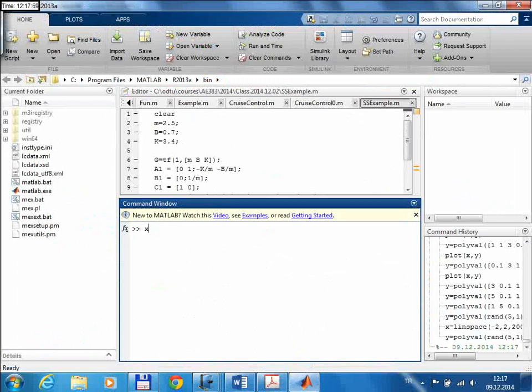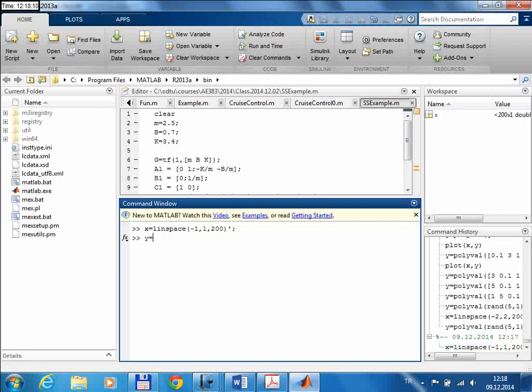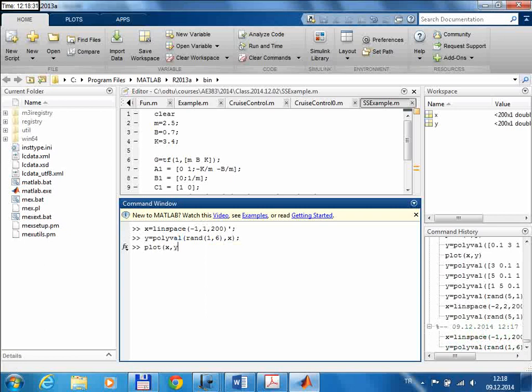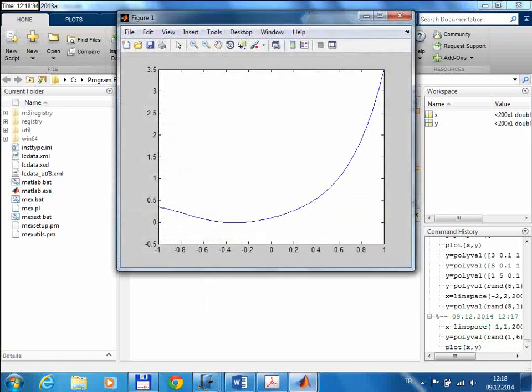Okay, so let's try that again. So let x be defined between -1 and +1, and let's consider a polynomial. This is going to be a fifth order polynomial, so this is just some random fifth order polynomial I created.